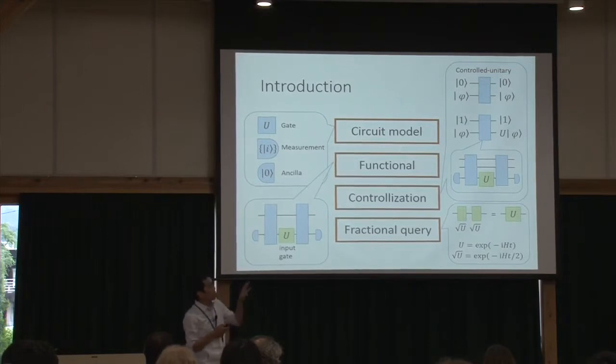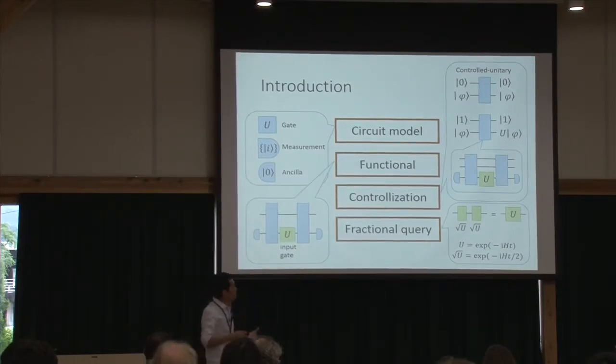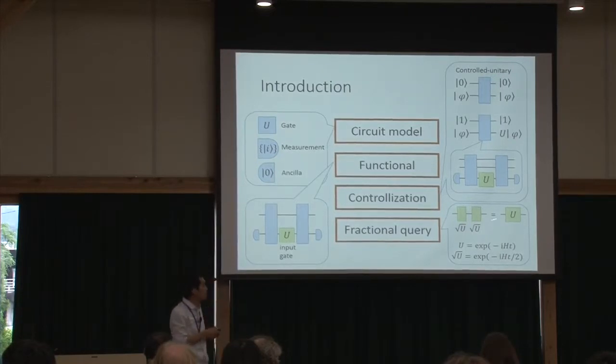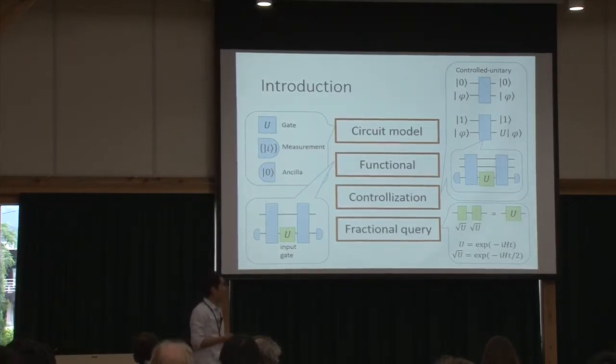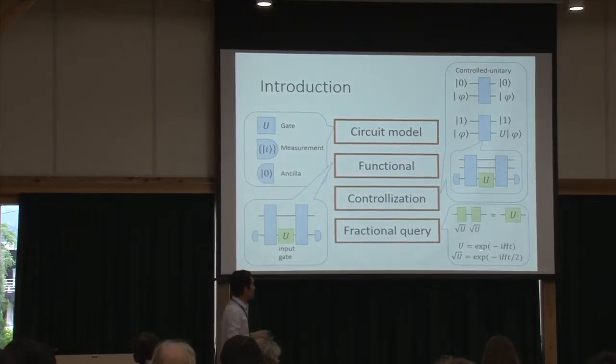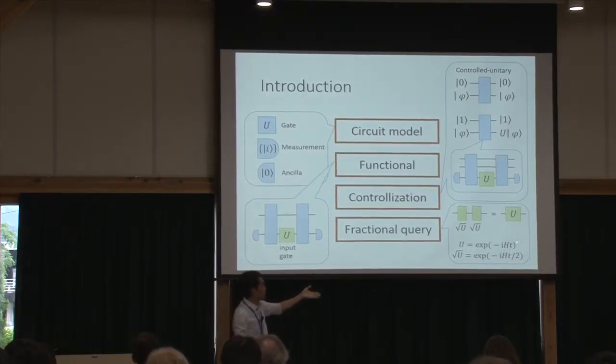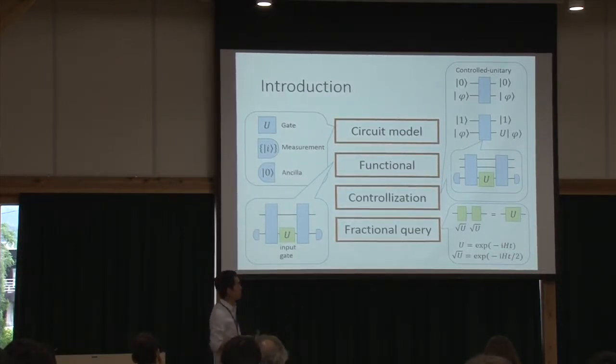In one of the most well-studied forms of quantum simulation, these unitaries are some kind of evolution operator for a particular quantum system. For example, U is given by exponential minus iHt, where H is the Hamiltonian of the system that you can implement.